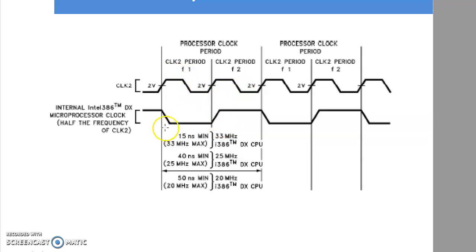So the processor clock and system clock will also be a part of the machine cycle representation diagram, where you will be showing the clock cycle and the processor cycle. Remember, the system clock has twice the cycles of the processor clock. So if there is one processor cycle, you will have two system clock cycles in that period.